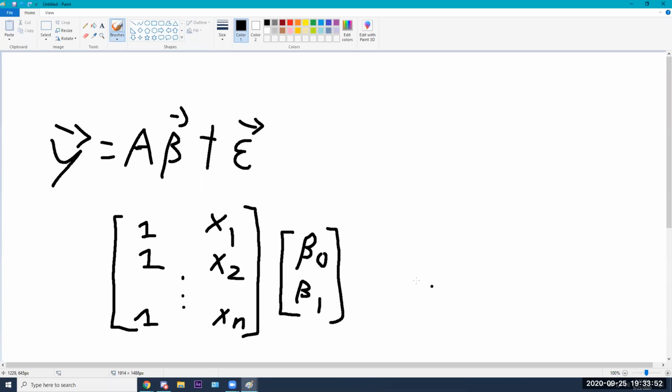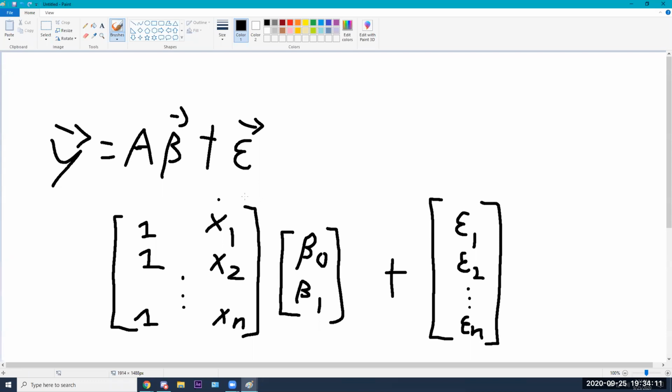And your error vector is just all your error terms. If you know how matrix multiplication works and want to take a screenshot and work this out for yourself, you can.